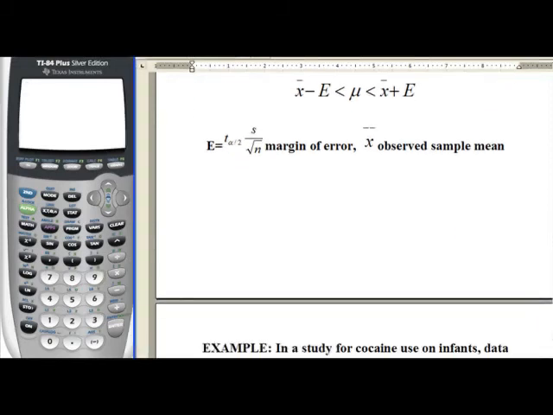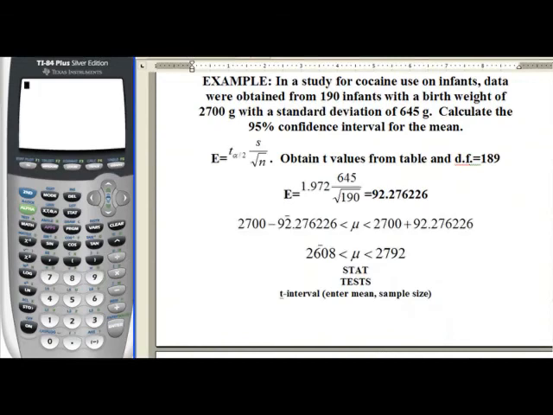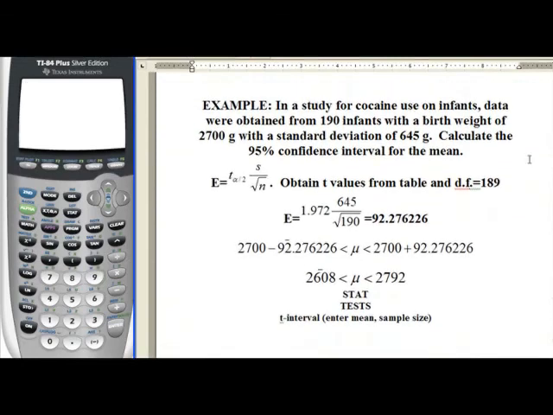And that's not built into your calculator, so you'll have to get the t alpha over 2 from the table in your book. It will say student t, and now you will need the degree of freedom to get that number. So I'm not going to show this in here. You'll get that from the table, but let's assume we have an example.